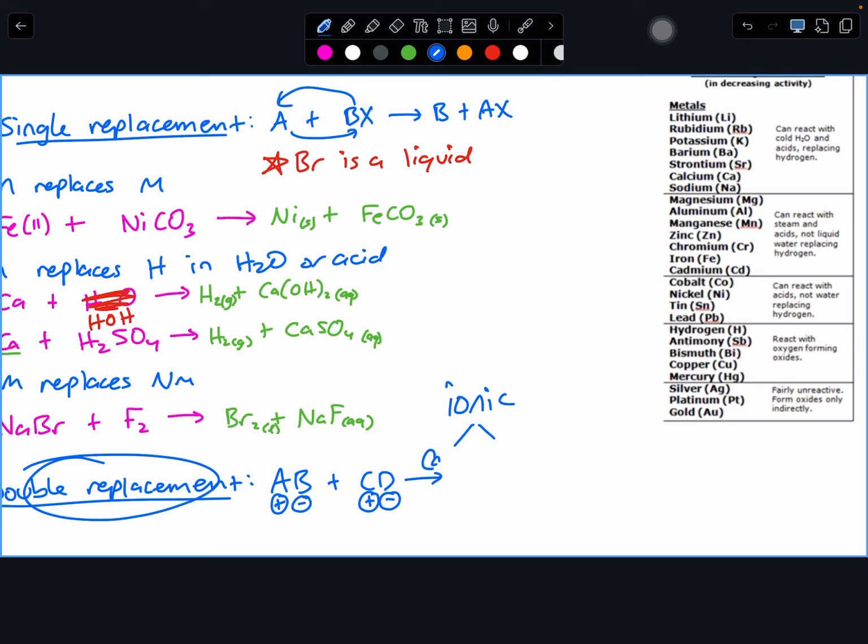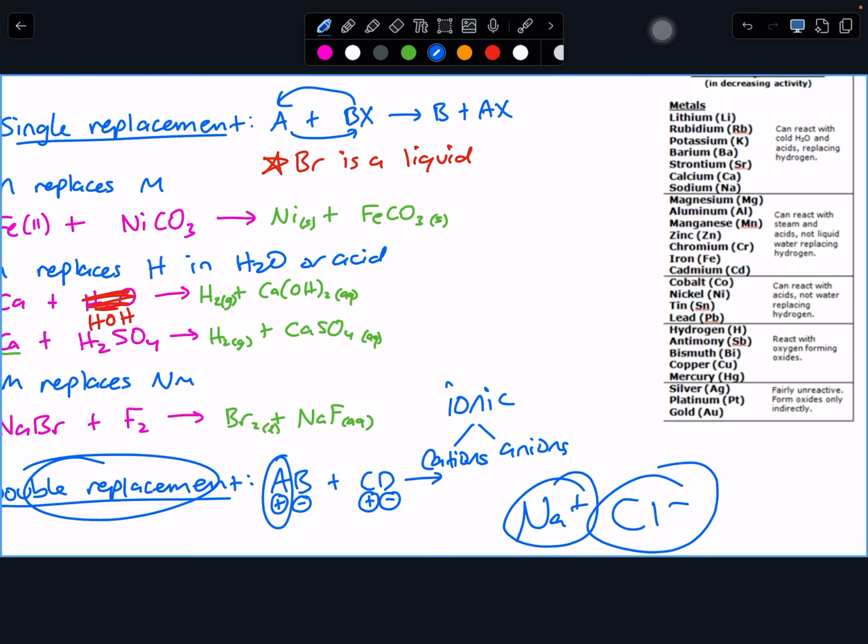Ionic compounds are made up of cations and anions, like Na plus and Cl minus. The cation is always written first, and the anion is always written second.